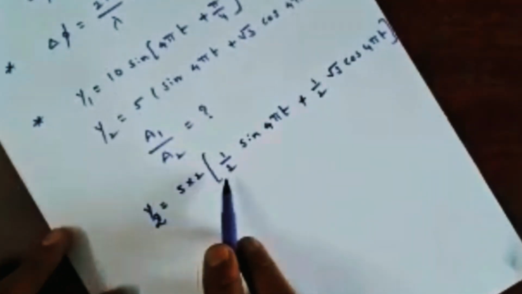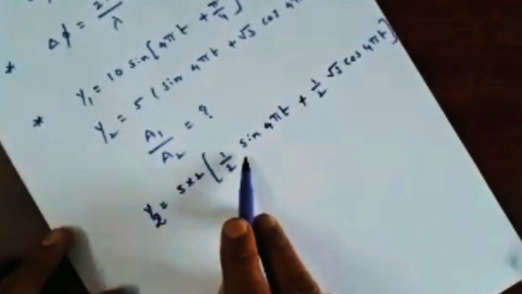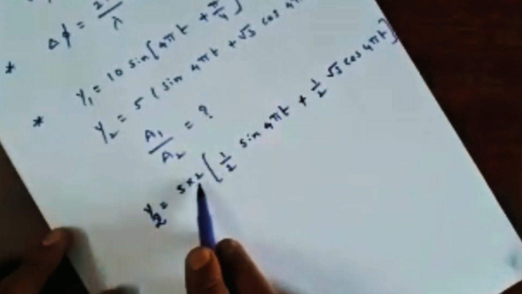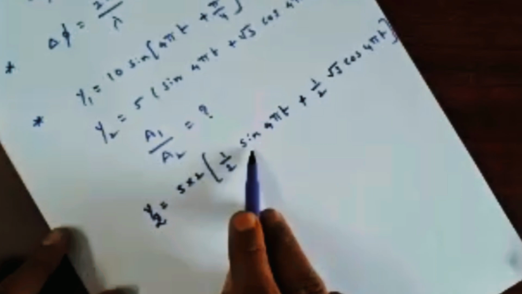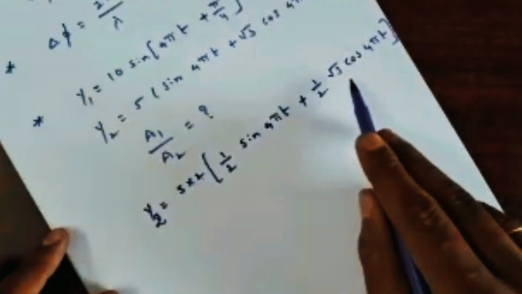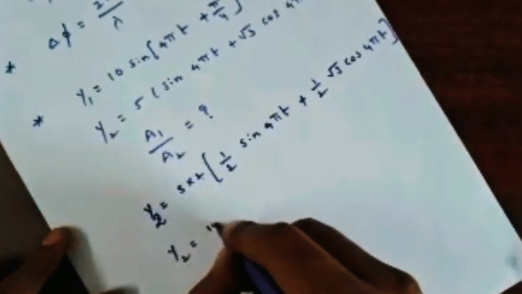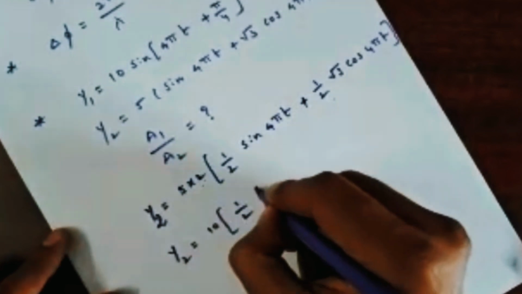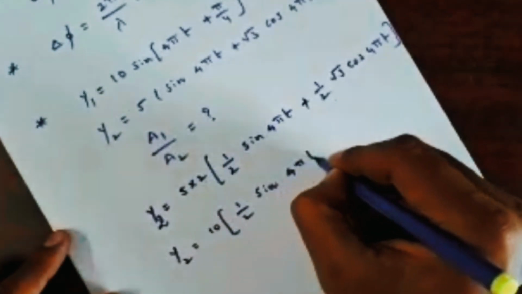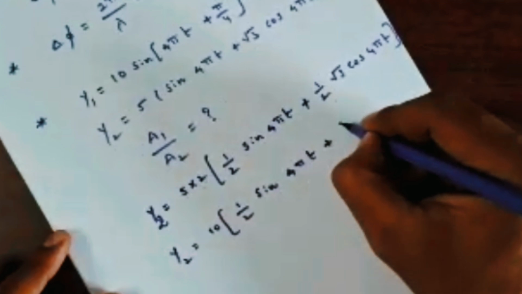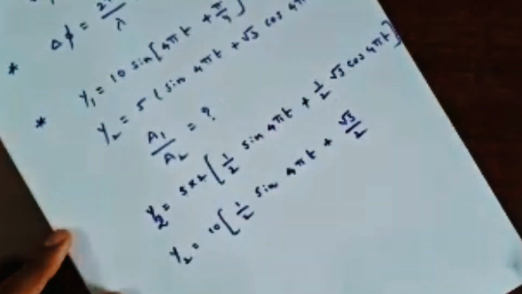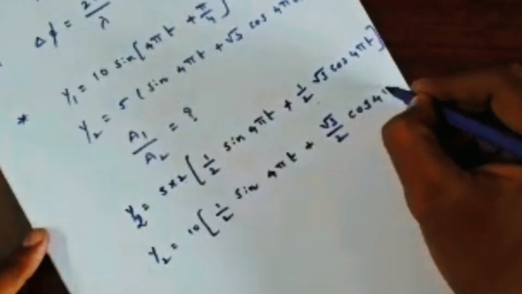Multiplying 10 by 1 by 2 gives 5 sine 4 pi t, and 10 by root 3 by 2 gives root 3 cos 4 pi t. So y2 is equal to 10 into 1 by 2 sine 4 pi t plus root 3 by 2 cos 4 pi t.